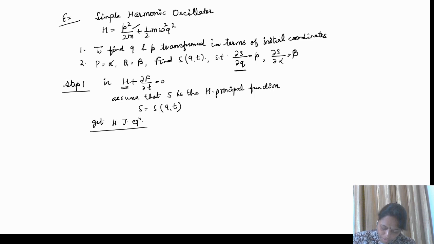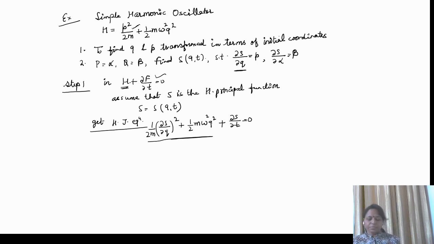So I'll write this H is p squared upon 2m. So in place of p, I'll write (∂S/∂q) squared times 1 upon 2m plus half m omega squared q squared. This is the value of H in terms of ∂S/∂q, plus in place of this ∂F/∂t, I'll write ∂S/∂t is equal to 0, right?